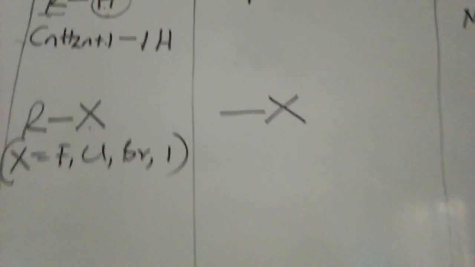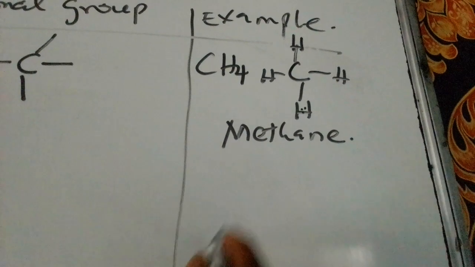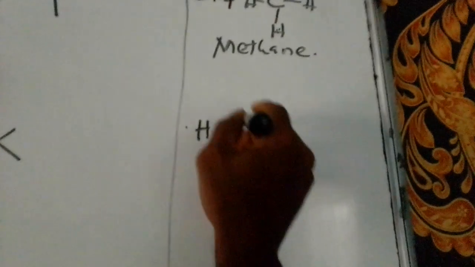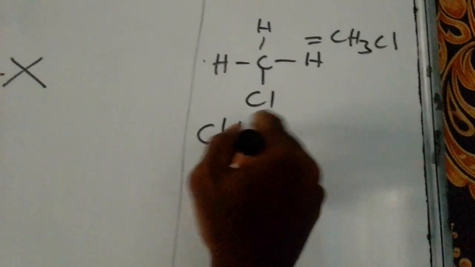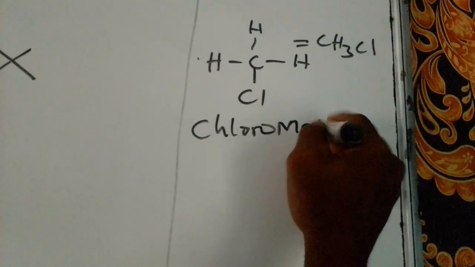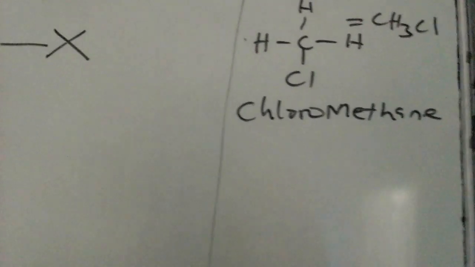An example is, let's go to methane again. This is an alkane. Remove one hydrogen here and put one halogen like chlorine, which gives CH3Cl. This is called chloromethane according to IUPAC nomenclature; we can call it methyl chloride by common name.